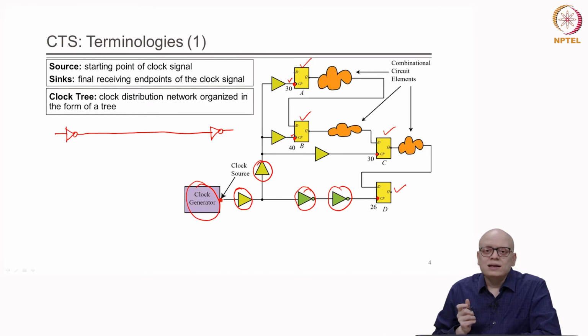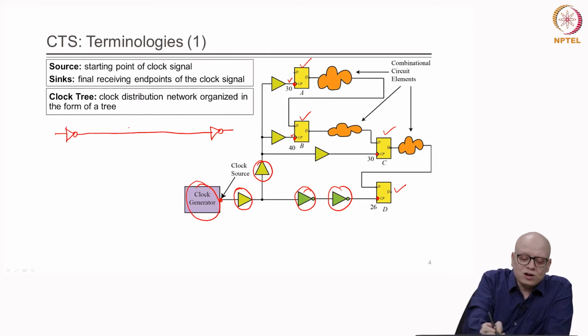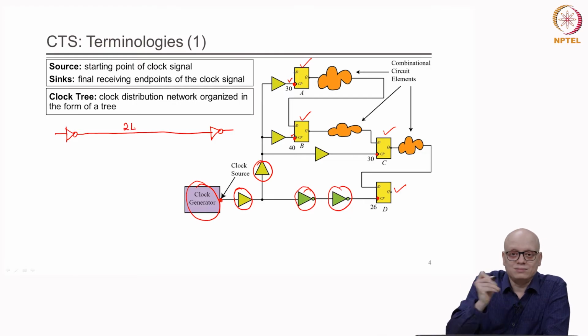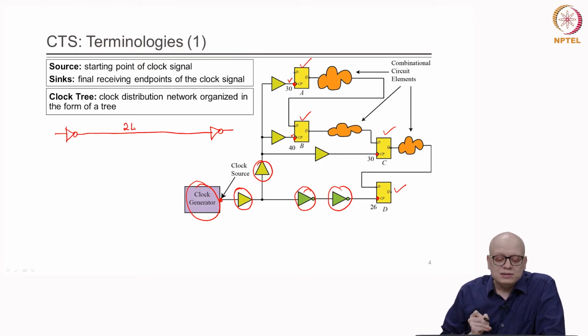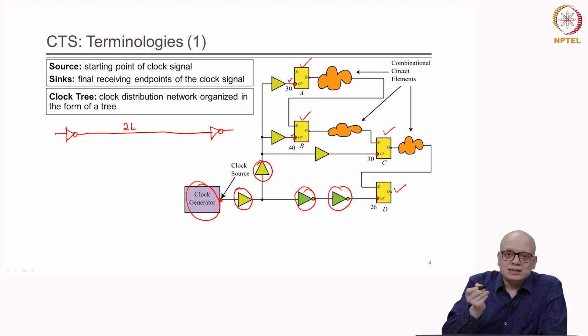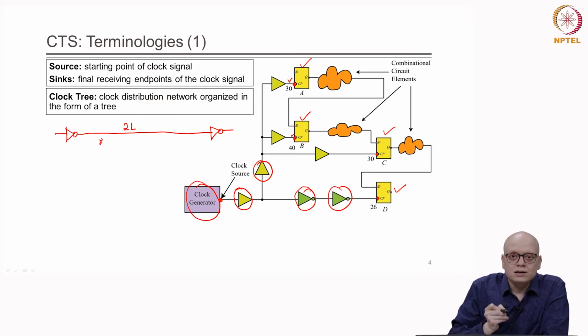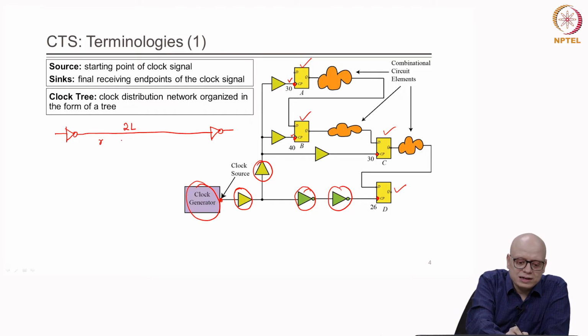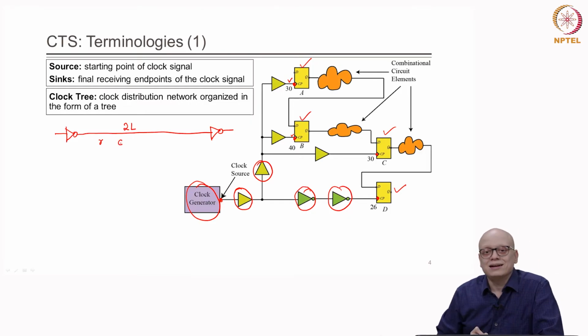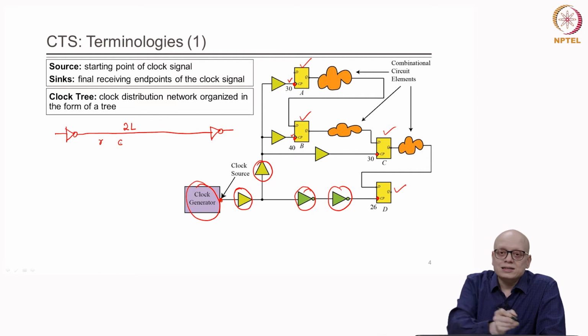Now, let us assume that the length of this wire is 2L, and let us assume that the resistance per unit length is r and the capacitance per unit length is a small c. So, what will be the resistance and the capacitance of this wire?